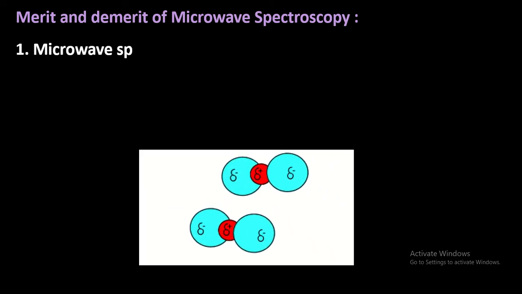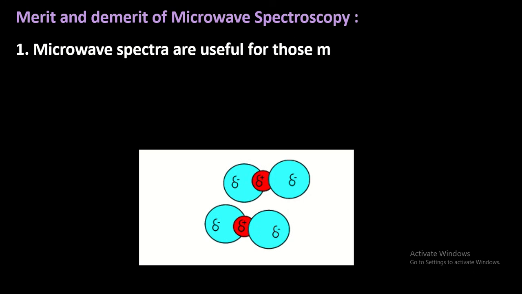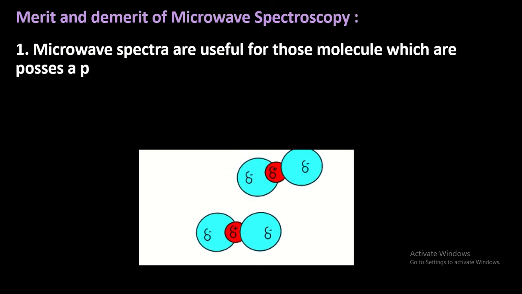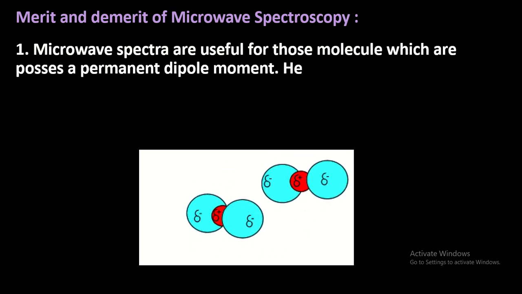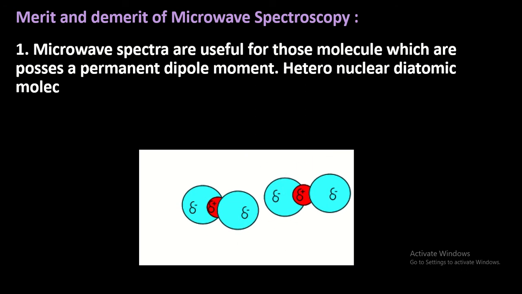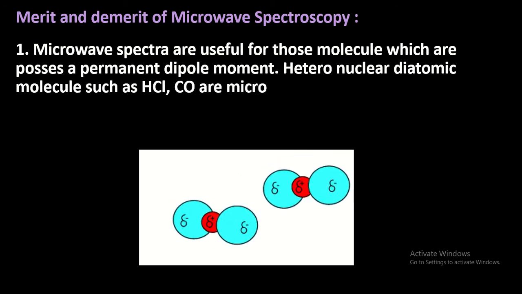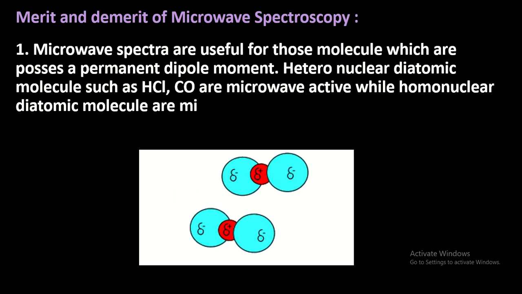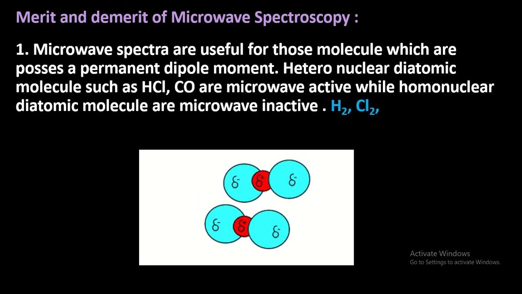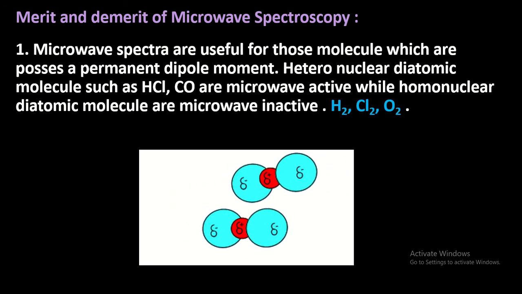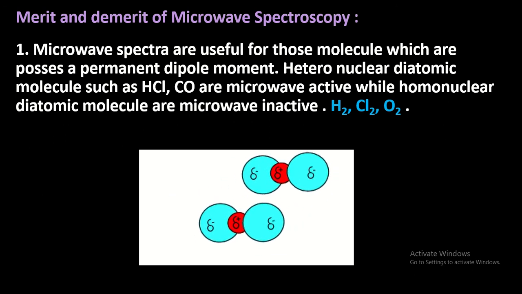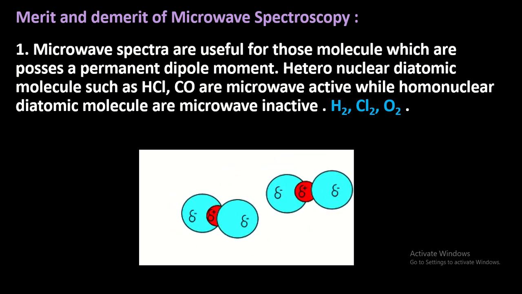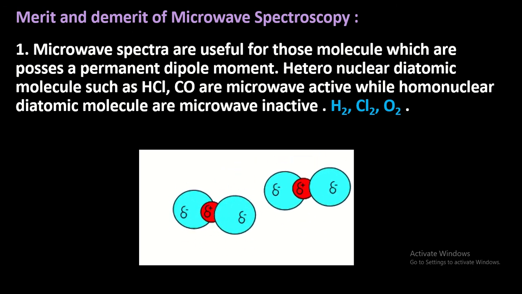Friends, merits and demerits of microwave spectroscopy. Microwave spectroscopy is useful for those molecules which possess a permanent dipole moment. Heteronuclear diatomic molecules such as HCl and carbon monoxide are microwave active, while homonuclear diatomic molecules such as hydrogen, Cl2 and O2 are microwave inactive and cannot give spectra.